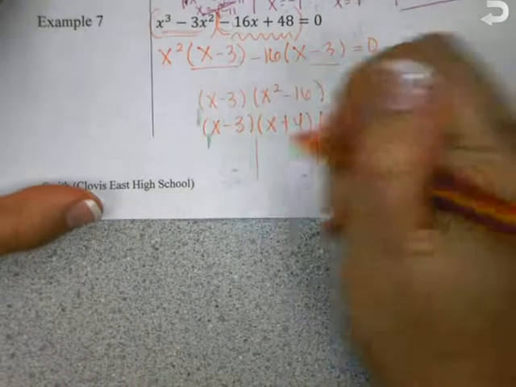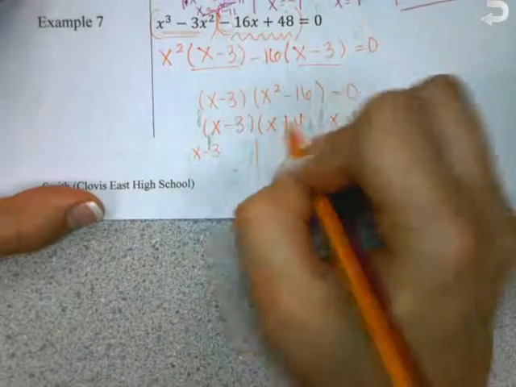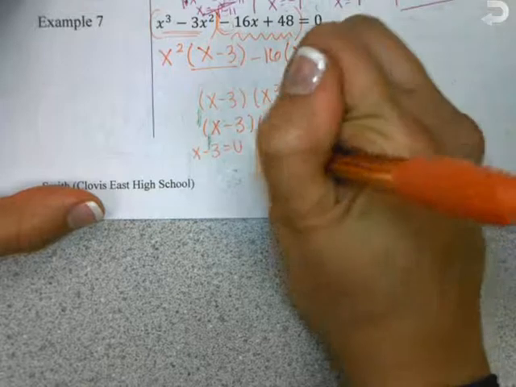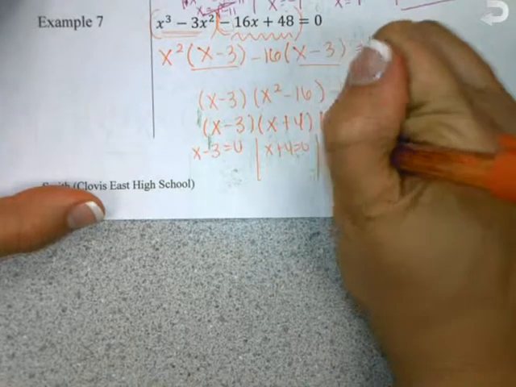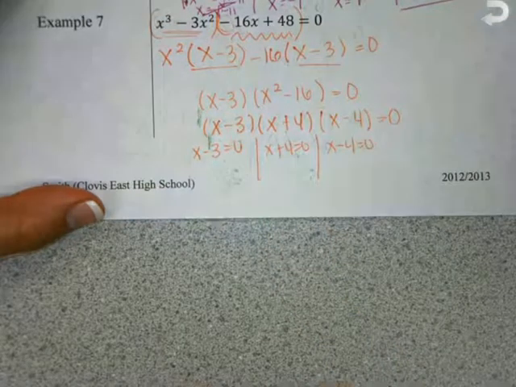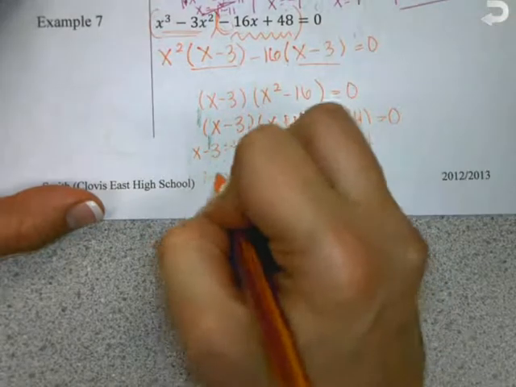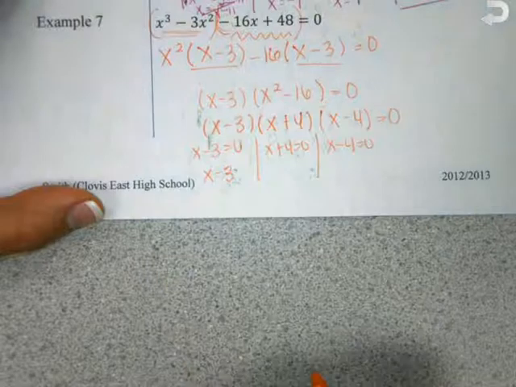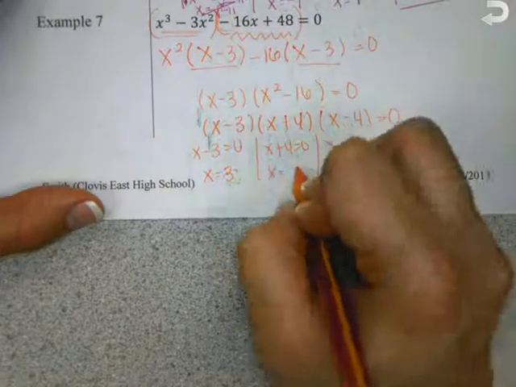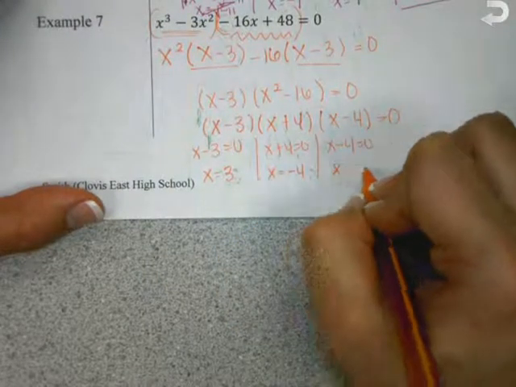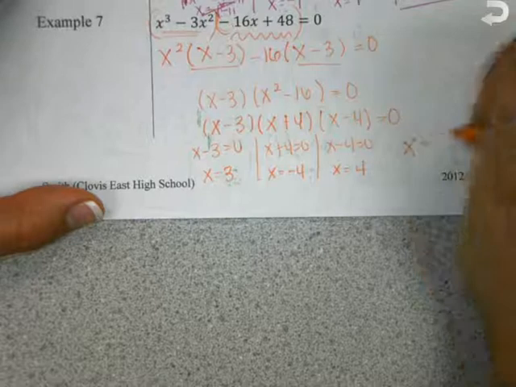And we solve each of those. So in this one I get x equals positive 3, x equals negative 4, and x equals positive 4. So my answer is 3 plus or minus 4. You could also list out positive 4, negative 4. That's okay as well. Okay?